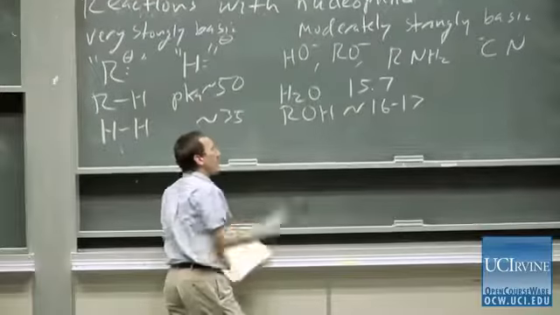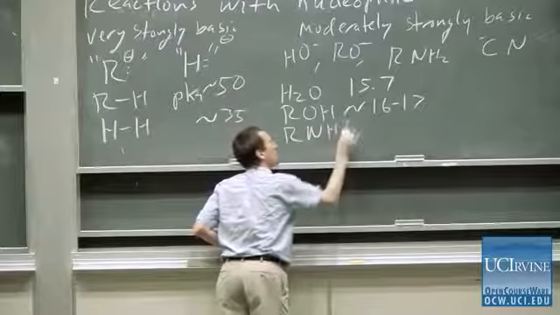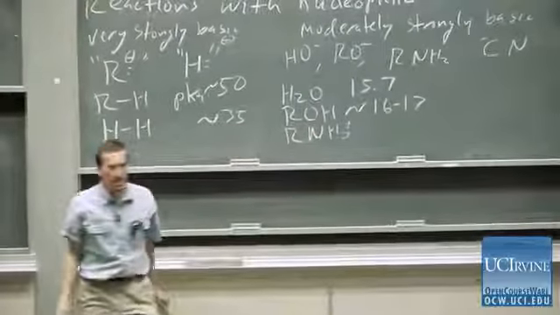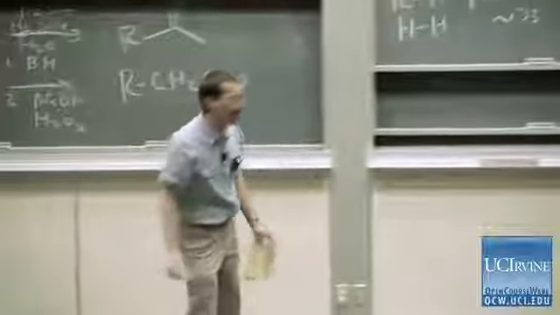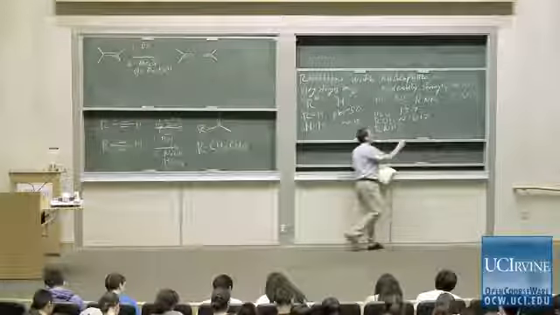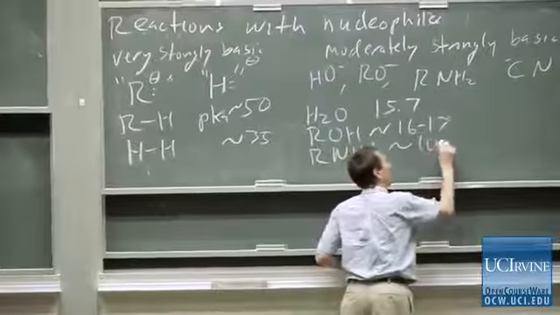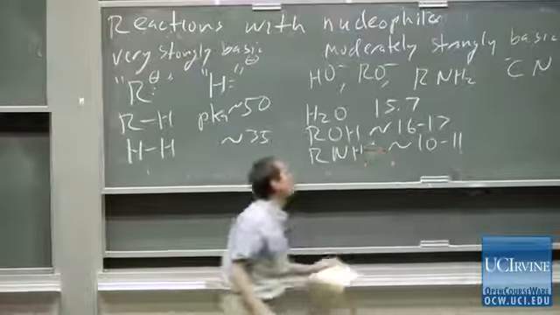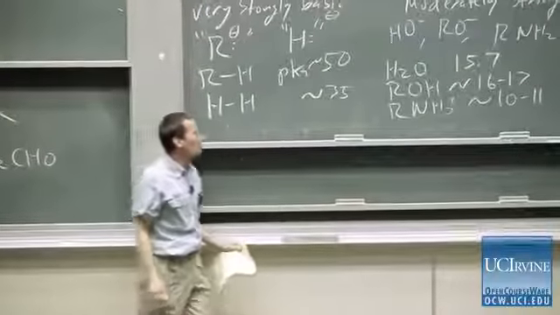The conjugate acid of amines is ammonium salts, RNH3+ for a primary amine, or R2NH2+ for a secondary amine. The pKa of the conjugate acid of an amine, of an ammonium ion, is on the order of 10 to 11, sometimes a little higher, sometimes a little lower, but that's a reasonable number.